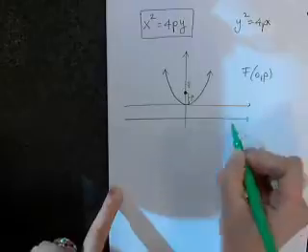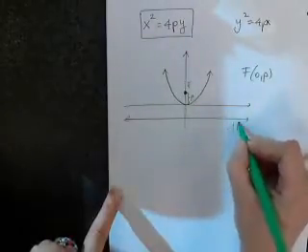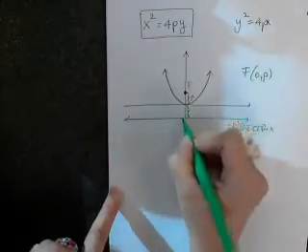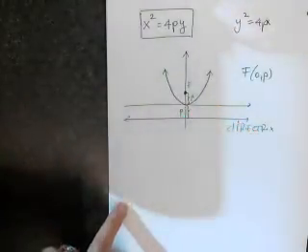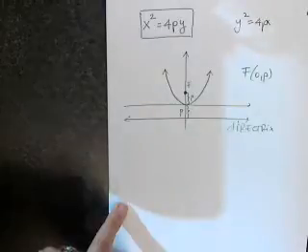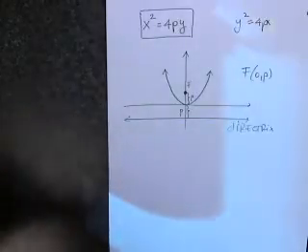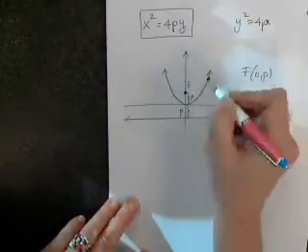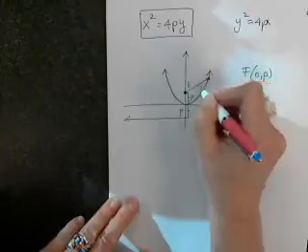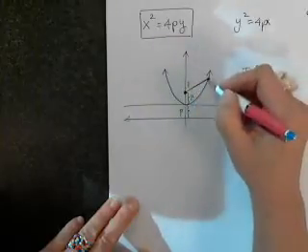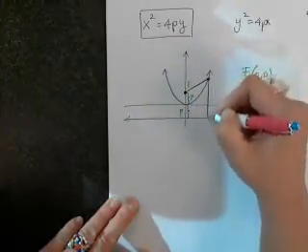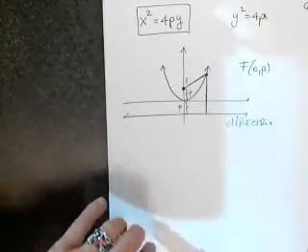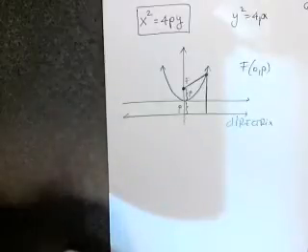This is the line that is called the directrix, and this distance is also p. So any point you want to pick on the parabola will be found at the same distance from the focus and from the directrix.